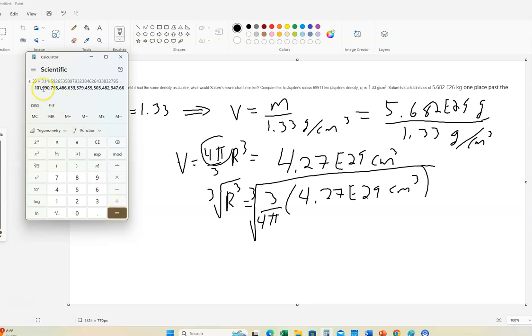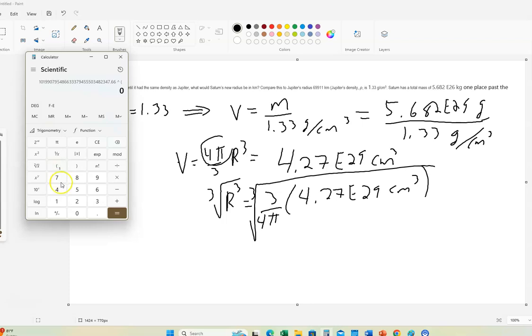Now I have to take the cube root of that. Again, that's the same as raising something to the 1/3 power. So hit this x to the y button, and I've got to use parentheses for this particular calculator, because 1/3 is a repeating decimal and you want it to be exact.